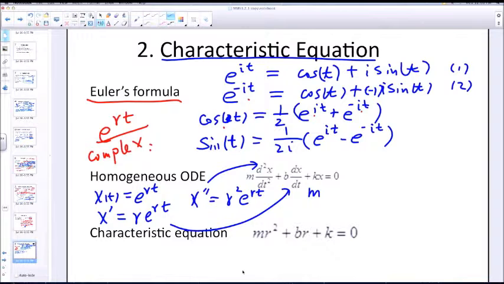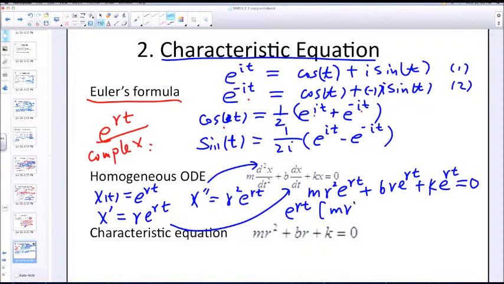I have m r squared e to the rt plus the derivative, which is b r e to the rt, plus k of itself equals 0. Well, you have a common factor, e to the rt. I take it out. And then inside, I got this quadratic equation of r. Well, you know e to the rt never equals 0. Exponential function never equals 0. And then this has to be 0.